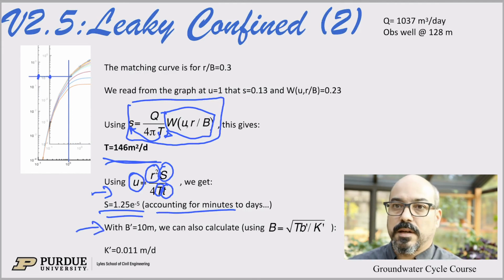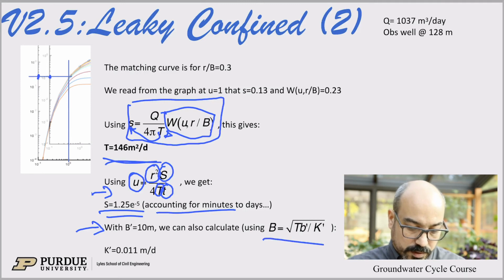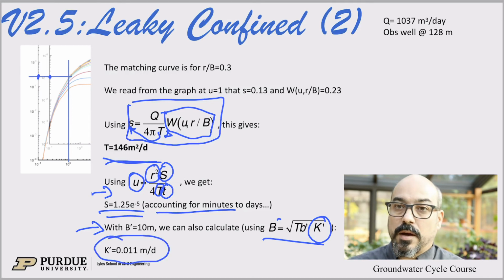Now, since B prime is given in this particular problem, you can actually calculate the square root of, okay, sorry, B prime here equals this. So we use that to calculate our K prime, and now we can find that K prime, meaning the hydraulic conductivity of the aquitard, of that leaking layer, is 0.011 meters per day.